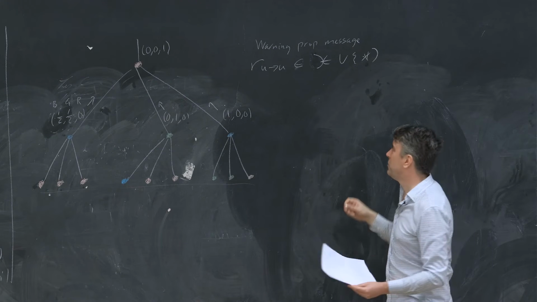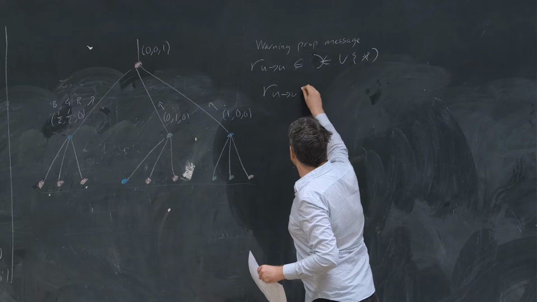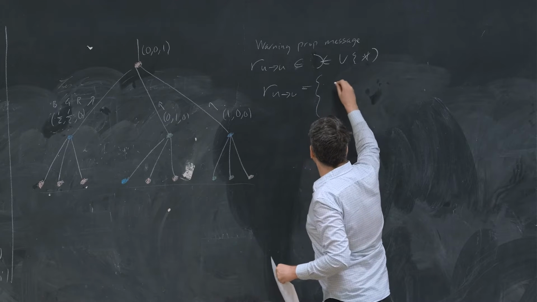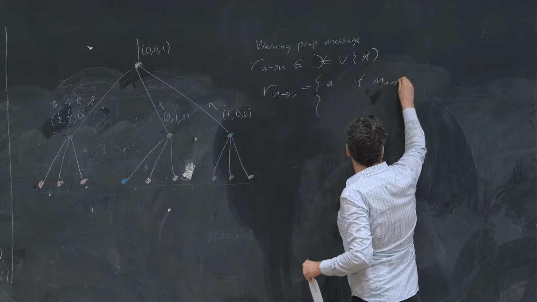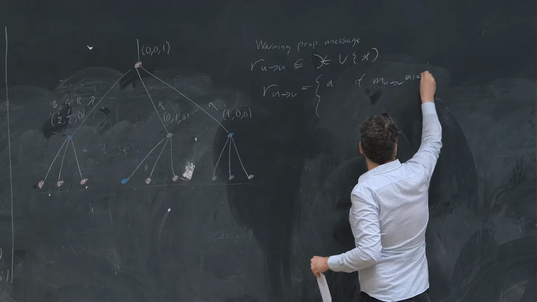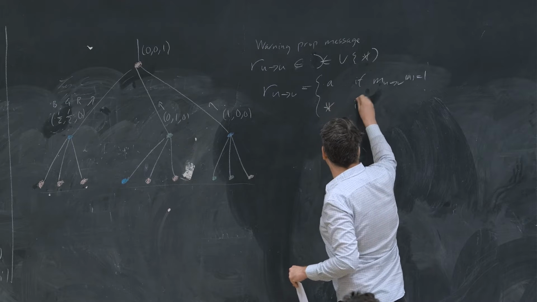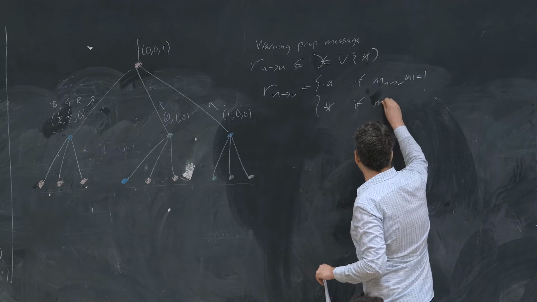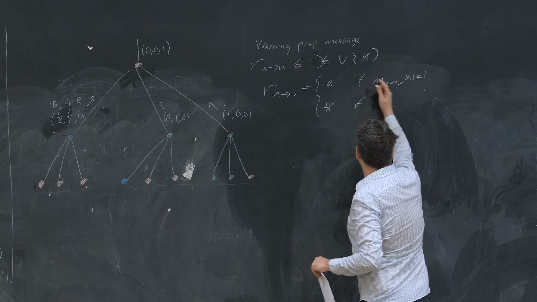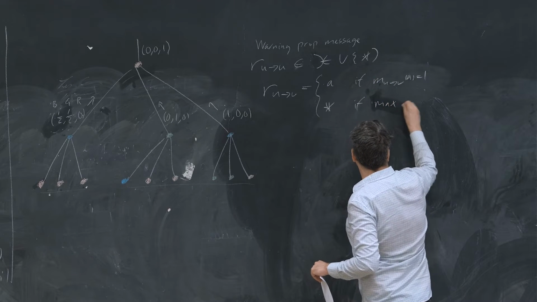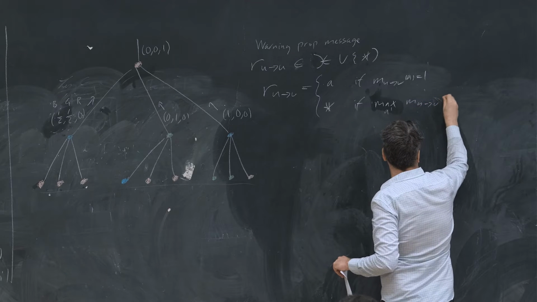So R from U to V will be equal to A if M from U to V of A equals 1, and star if the max over A prime of M from U to V is less than 1.